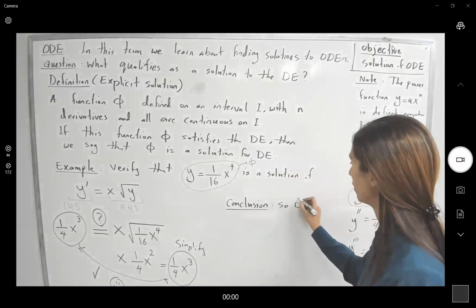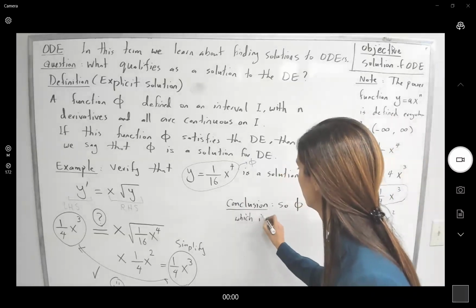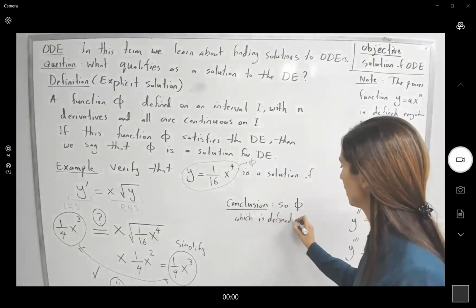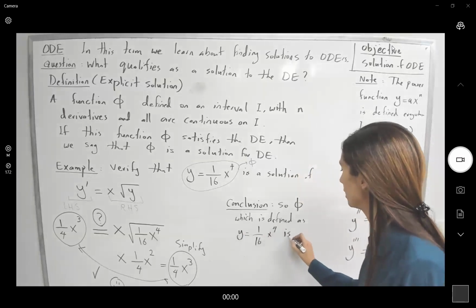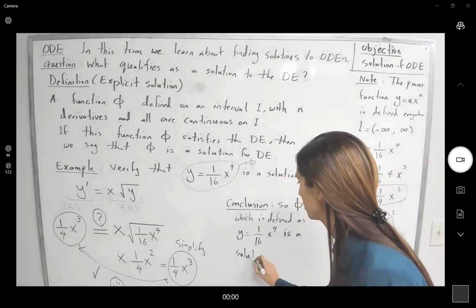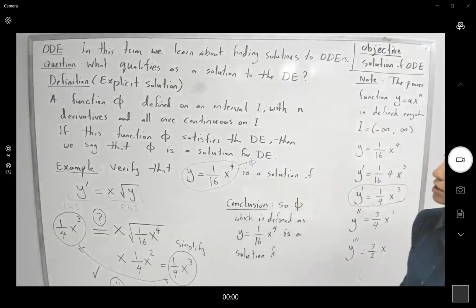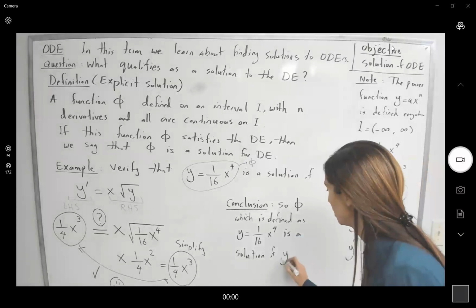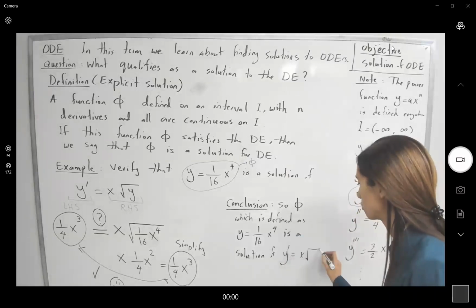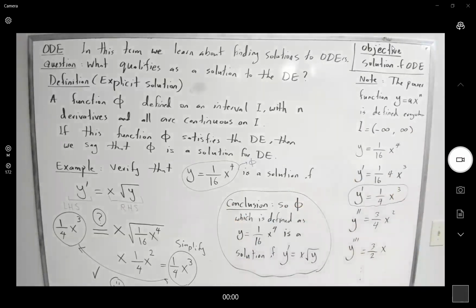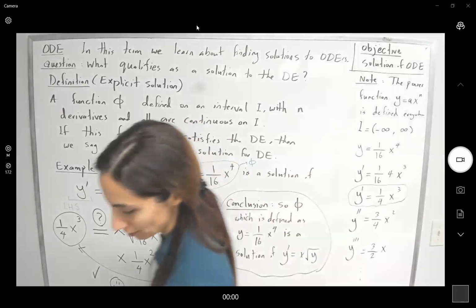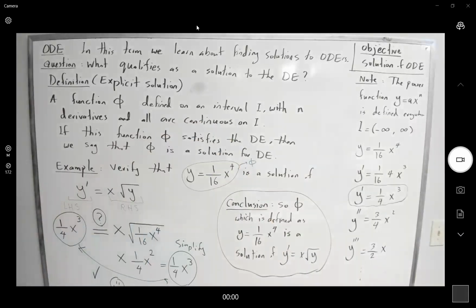So phi, which is defined as y equals 1/16 x to the 4th, is an explicit solution of the differential equation, which is y prime equals x times square root of y. Very good. Let's see what's next.